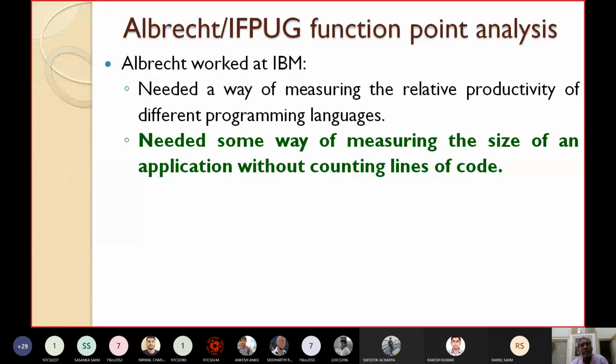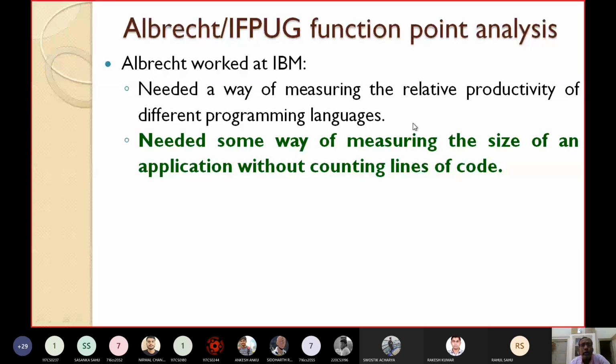Last class I already told you the definition of productivity, isn't it? Here Albrecht needed a way of measuring the relative productivity of the different programming languages.